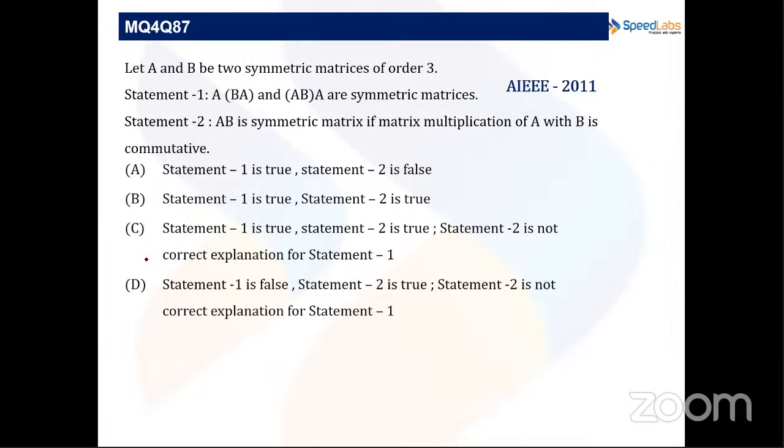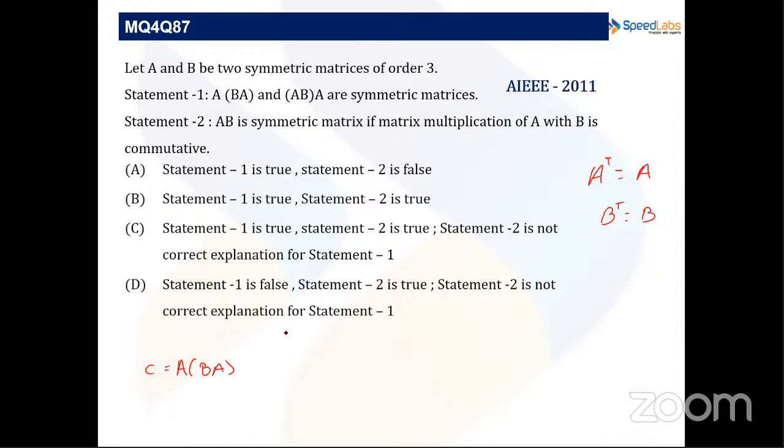Statement 2 is AB is a symmetric matrix if matrix multiplication of A with B is commutative. So A and B are symmetric matrices, that is A transpose will be equal to A and B transpose will be equal to B. Now let's go for ABA.